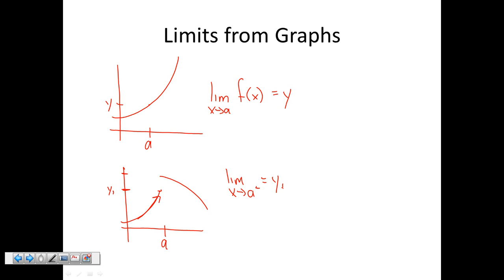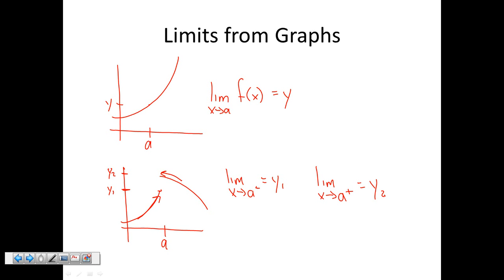If I ask what's the limit as x approaches a from the right, now I'm going along this part of the curve, and I have to report this other y value, y2, or whatever that y value is that I would read off from the graph.